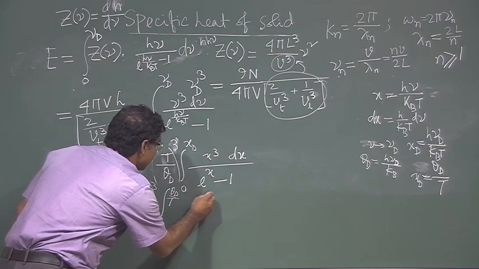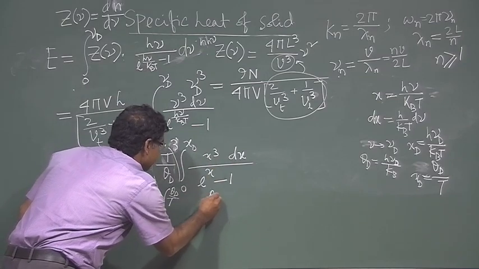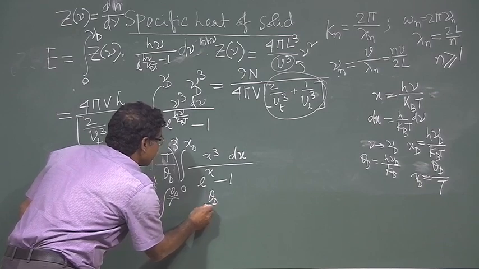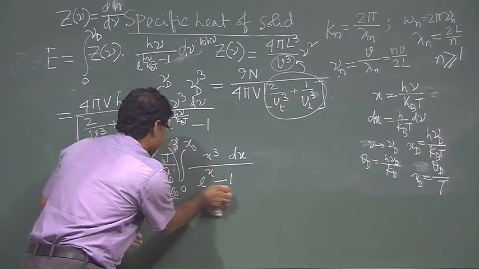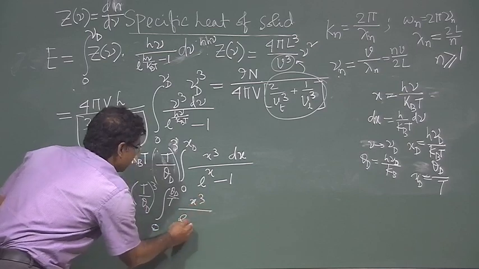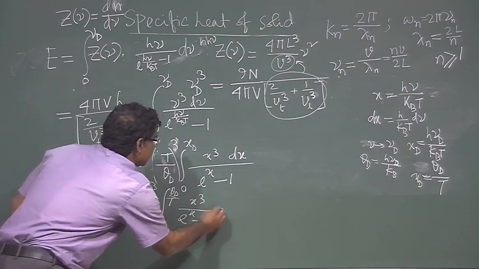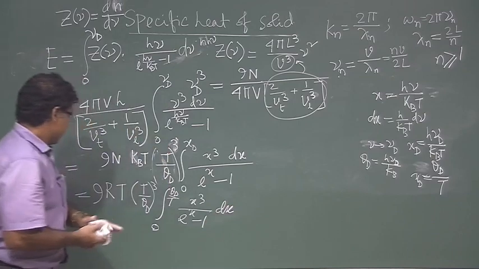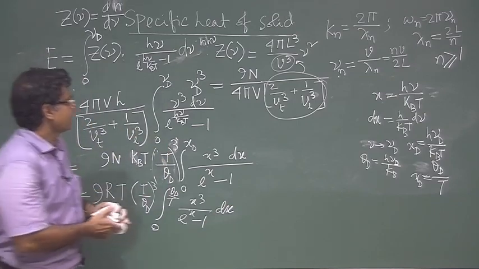So, this I can write theta d by t, okay. This you keep it, so this is x cube by e to the power x minus 1 dx. Now, you see this is the total energy of the system.